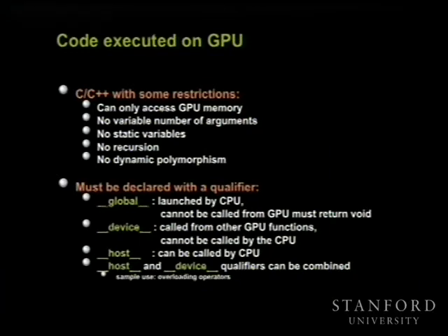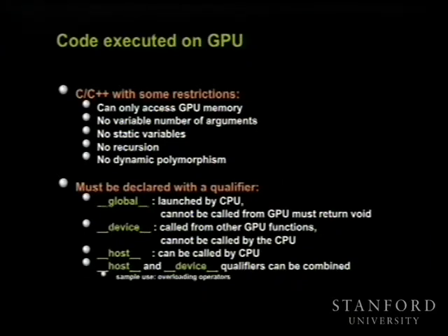You don't know how much stack space they'll need, and there's no good way for the hardware or software to keep giving all the threads more stack space at any reasonable speed. So no recursion, and no dynamic polymorphism.